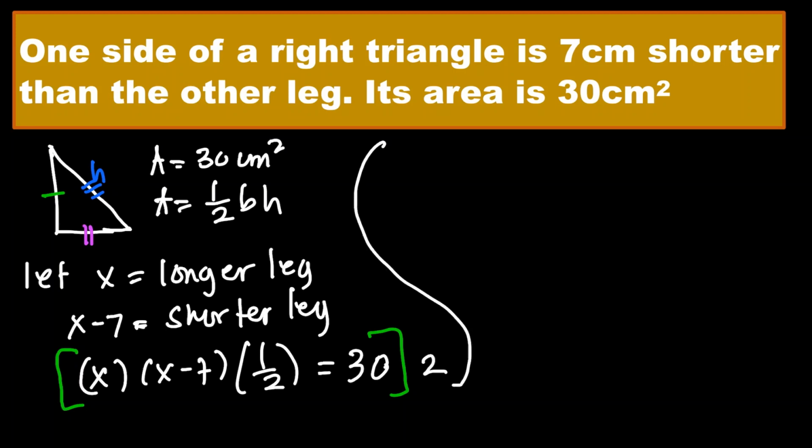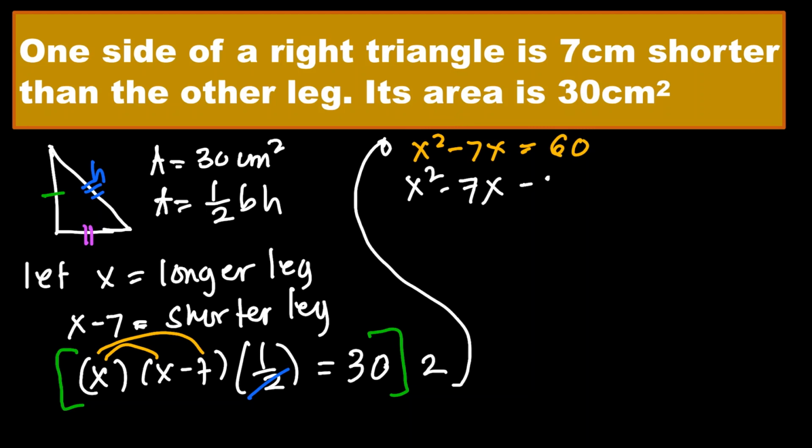Simplifying, distribute: x times x is x squared, and distributing gives us minus 7x, and on the right side 30 times 2 is 60. Or simplifying, we have x squared minus 7x minus 60 equals 0.